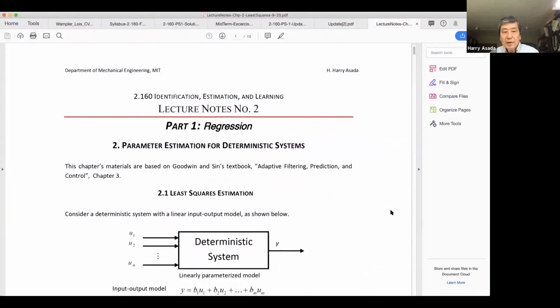Let me see. Yeah, this slide. Can you see my lecture notes?